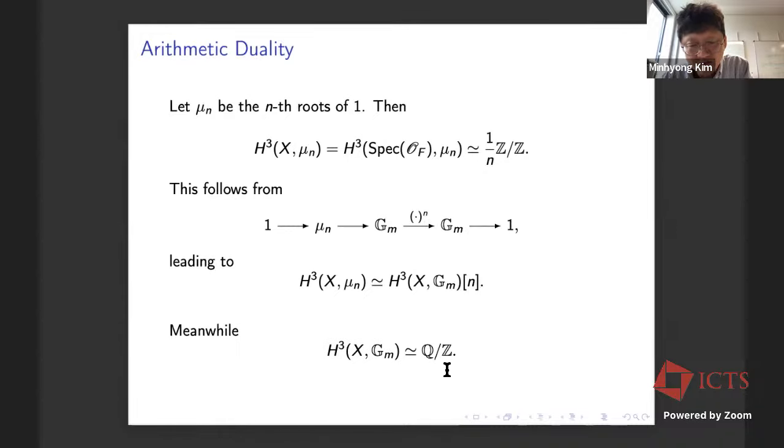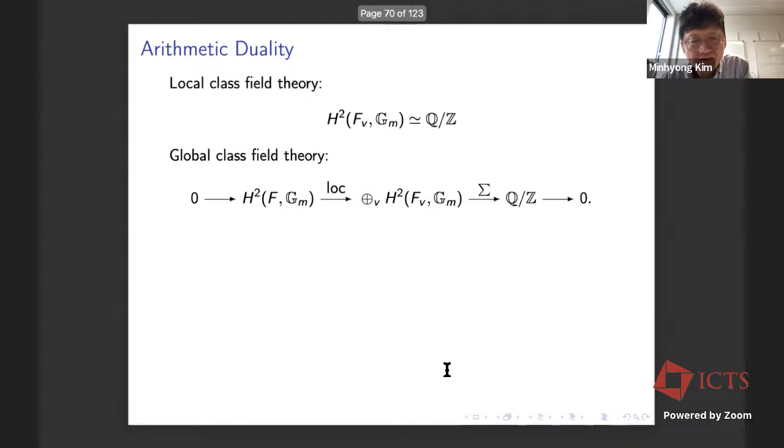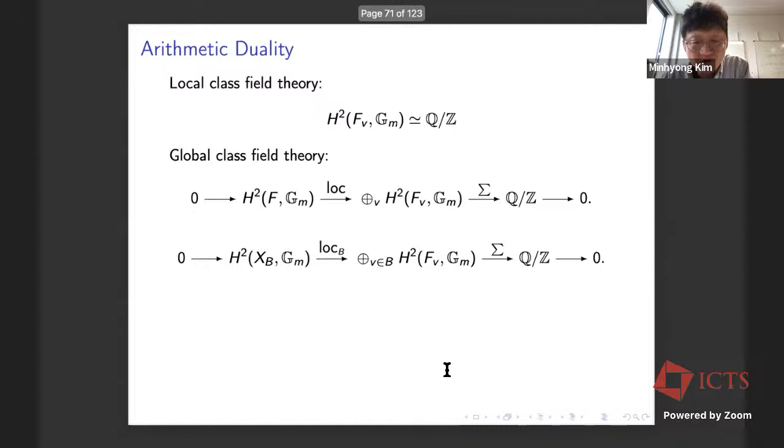But H3 of Gm is Q mod Z. This is essentially the same as the reciprocity sequence for H2. And this comes from local class field theory and the reciprocity sequence. So this Q mod Z at the end is that previous H3.